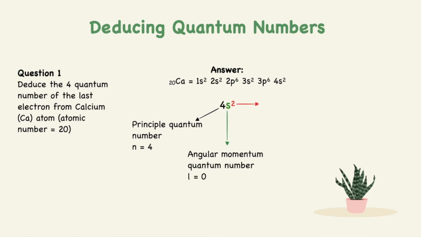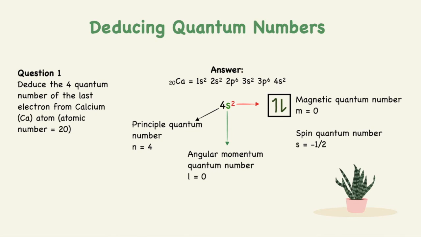For these 2 electrons we can draw the diagram first. It is s, so it contains 1 square, and we put the electrons in, 2 electrons. The magnetic quantum number is 0 because it is s, and the spin quantum number is minus half, because the last electron is spin down.